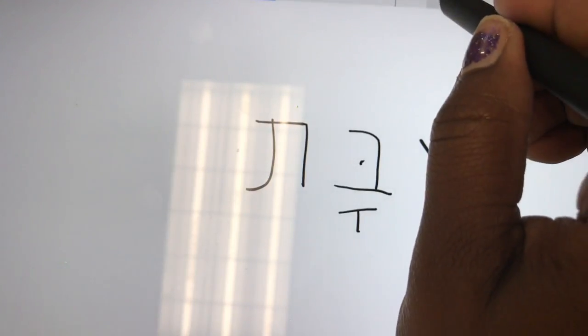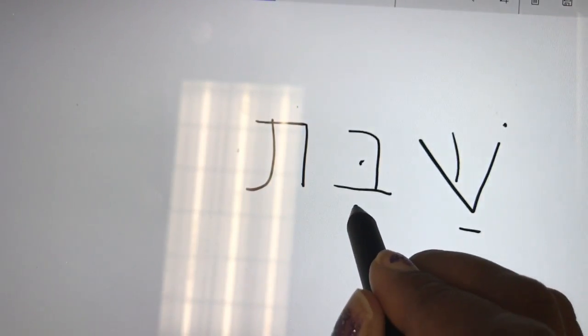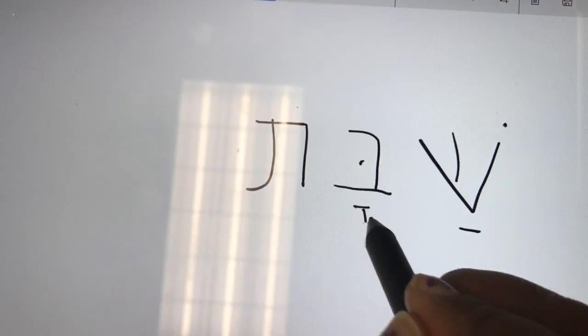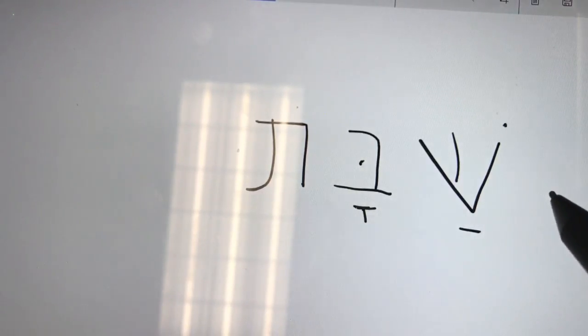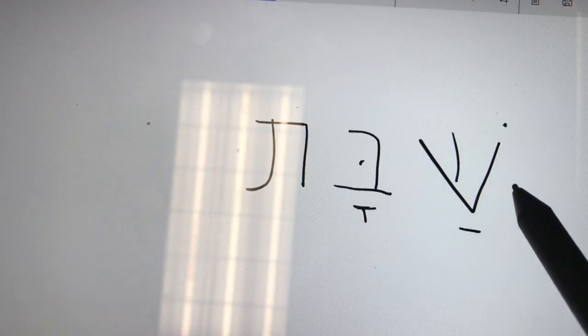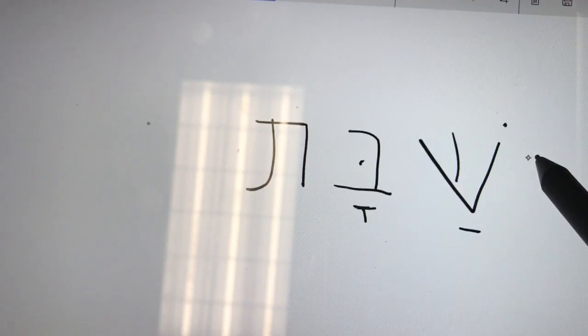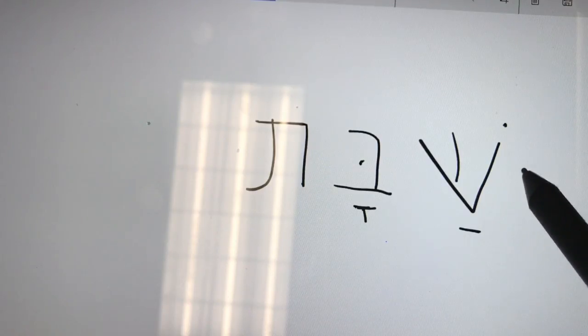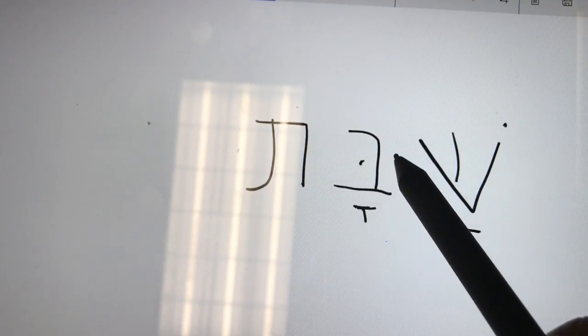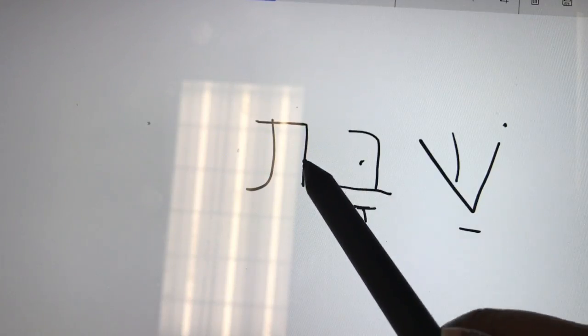Remember, this is not a T under here, so I'll make it a little bit smaller. This is not a T, it's a vowel point. It looks like a T though. So just make sure that you don't pronounce T when you get to that because it is a common mistake. Okay, so let's start here. We're gonna go consonant, vowel, consonant, vowel, consonant.